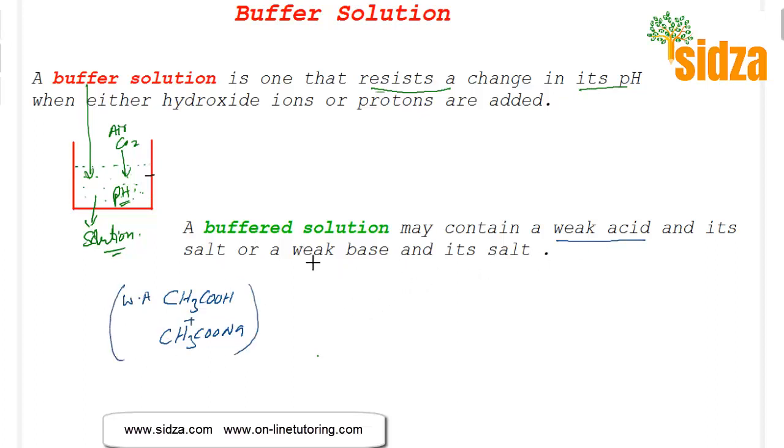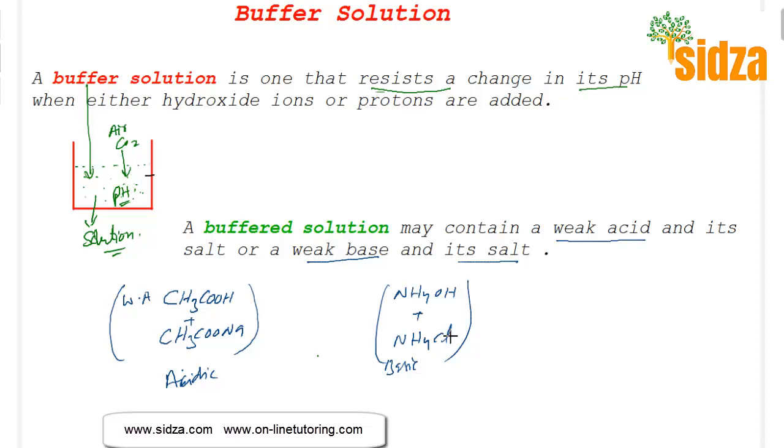Similarly, we can have a weak base and its salt, like ammonium hydroxide and ammonium chloride. This mixture of a weak base and its salt will also act as a buffer solution. The first is an acidic buffer, and this is a basic buffer.